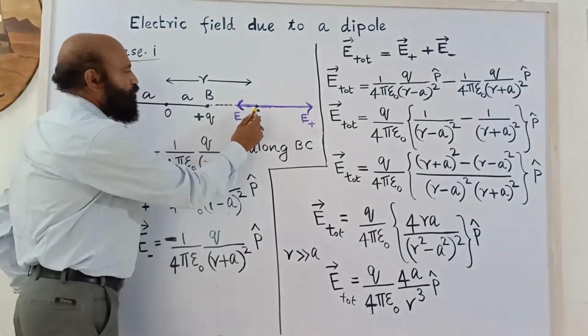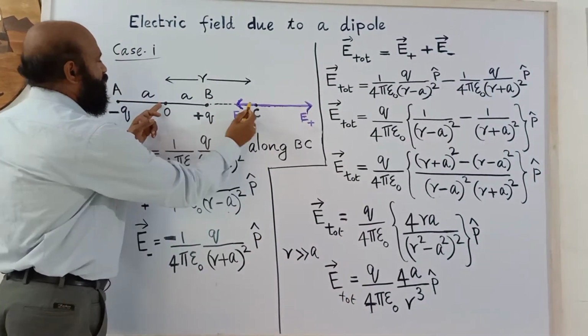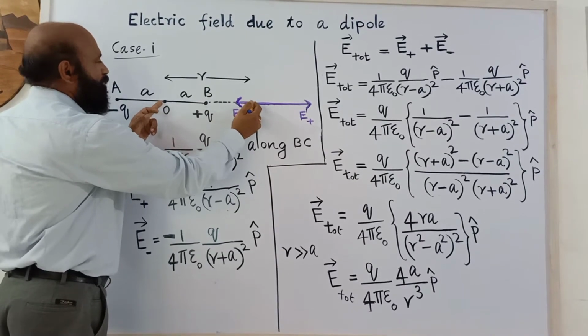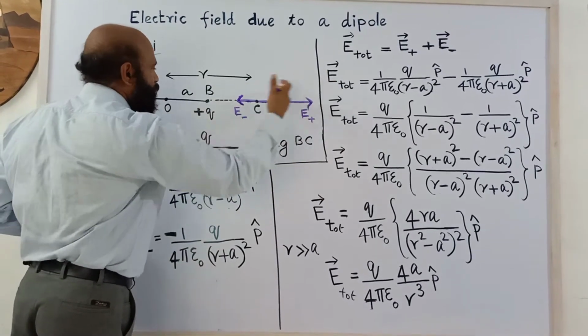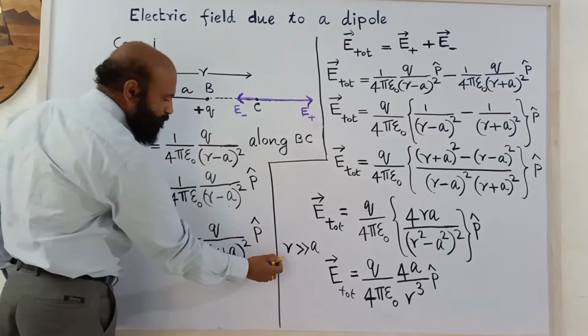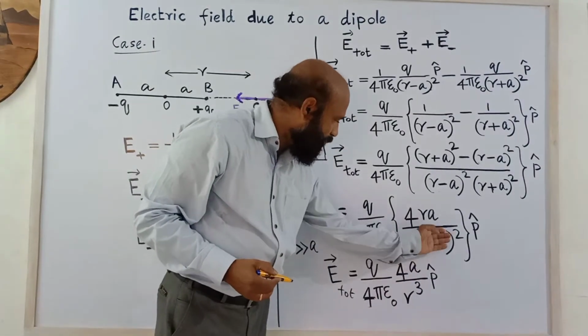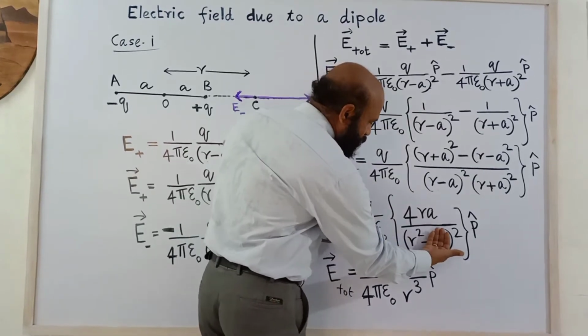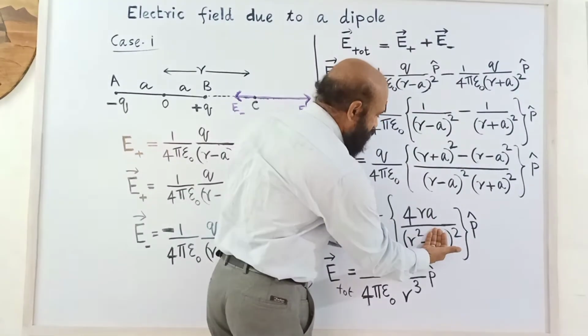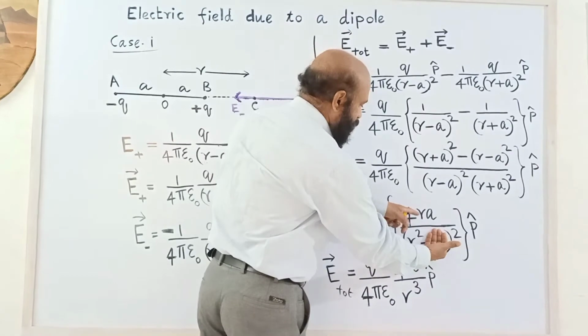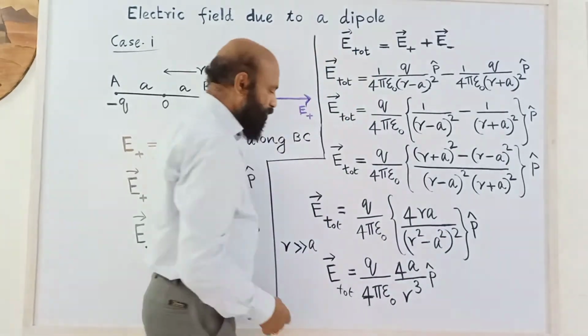When r is very much larger than a, suppose the point is very much far away from the dipole, r is very much greater than a, this a can be neglected. When you neglect this a, (r square) all square is r to the 4, then one r will get cancelled, so it will become r cube.